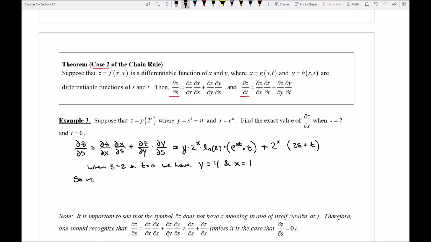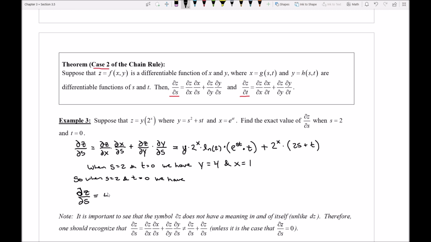So now I can say that when s is equal to 2 and t is equal to 0, we have that my partial derivative of z with respect to s should be equal to, and I'm just going to plug in all the values that I had for these different variables.